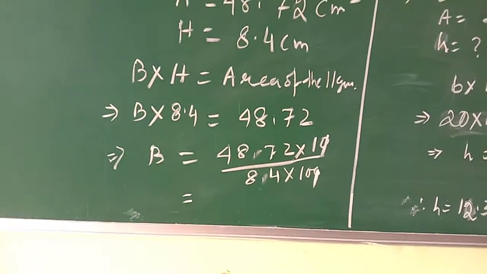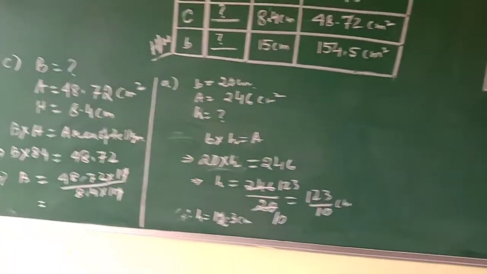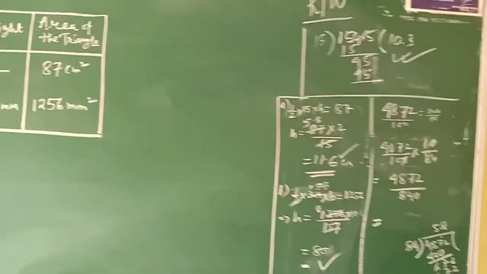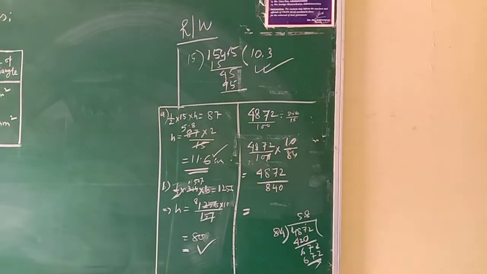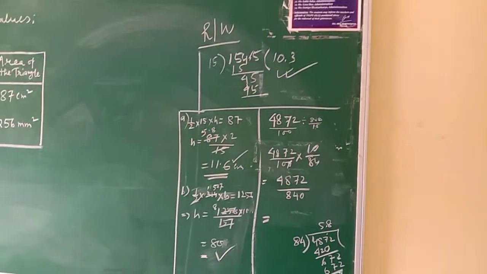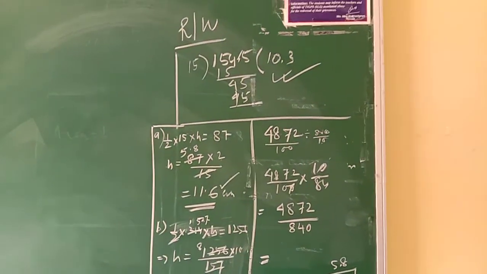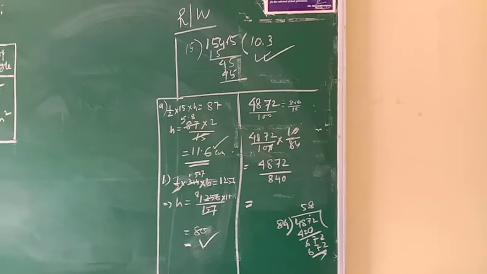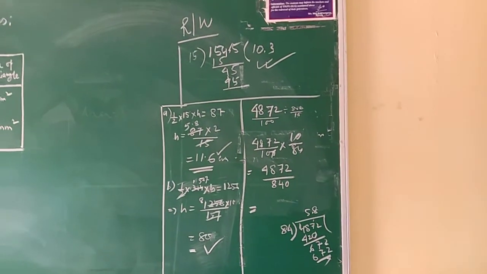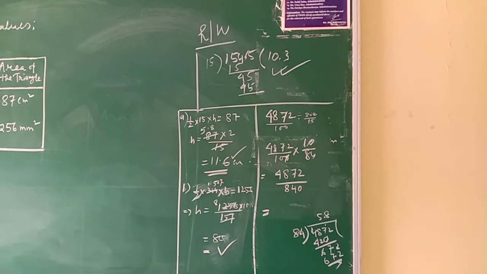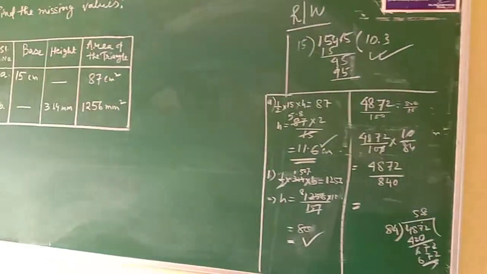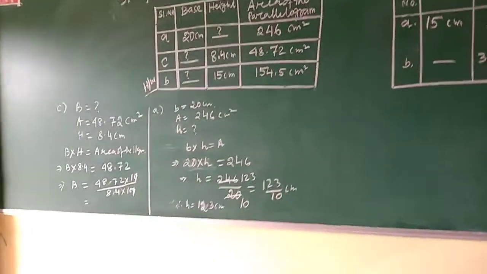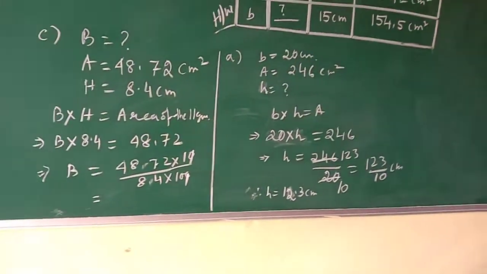I will not help you because I have done my calculation here. You see all the rough work I have done here, and I will expect that you are my students and you will do your rough work on your own. As much as you do your rough work on your own, do not depend on another's rough work. You will be expert on this kind of sums.